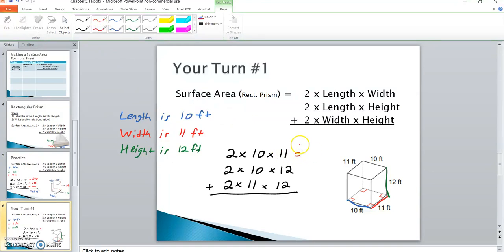So in your calculator, you're going to go 2 times 10 times 11, and I would actually like you to figure each of these out and then add them all up. So go ahead and pause the video and then finish it off.